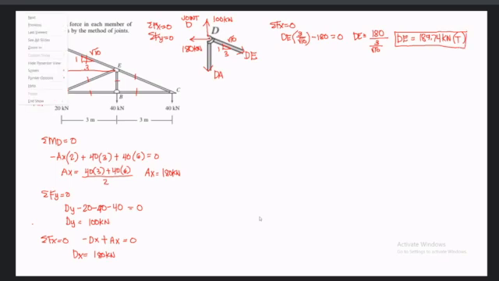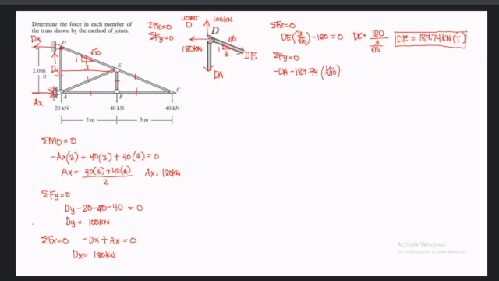Okay, and then after using summation Fx, you can now use summation Fy. So summation Fy is equal to 0. So you have your negative DA and then negative DE, because its y component is going down. So it is 189.74 multiplied by 1 over square root of 10. So that's V over R, or height over the hypotenuse. And then plus 100 is equal to 0.